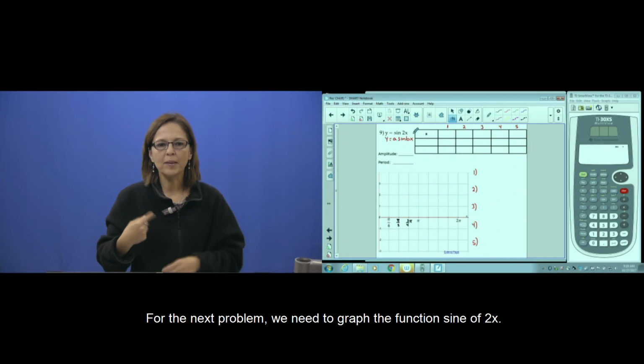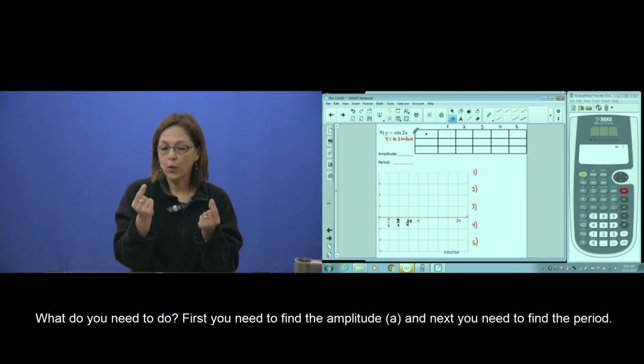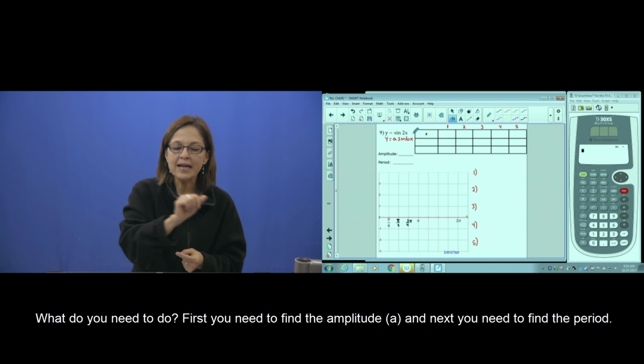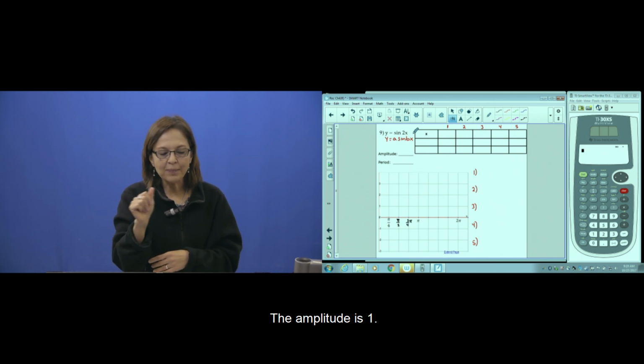For the next problem, we have to graph the function sine of 2x. What do you do? First, you have to find the amplitude, and after you have to find the period. Amplitude is 1.